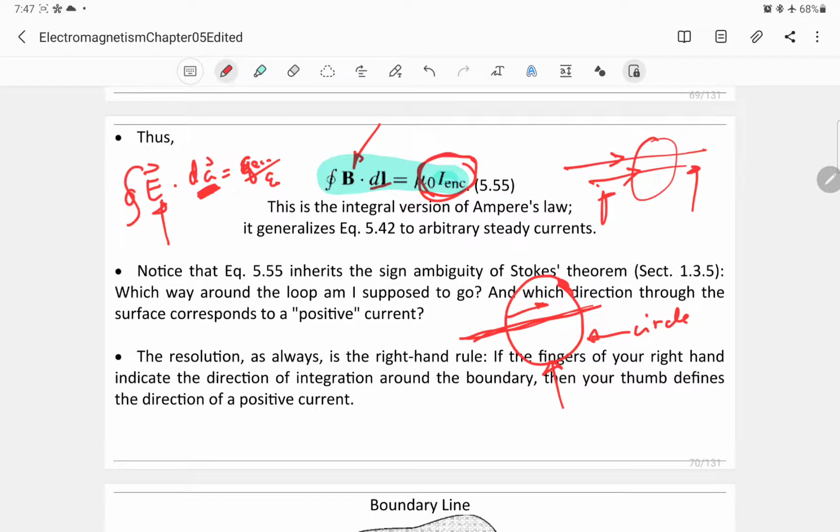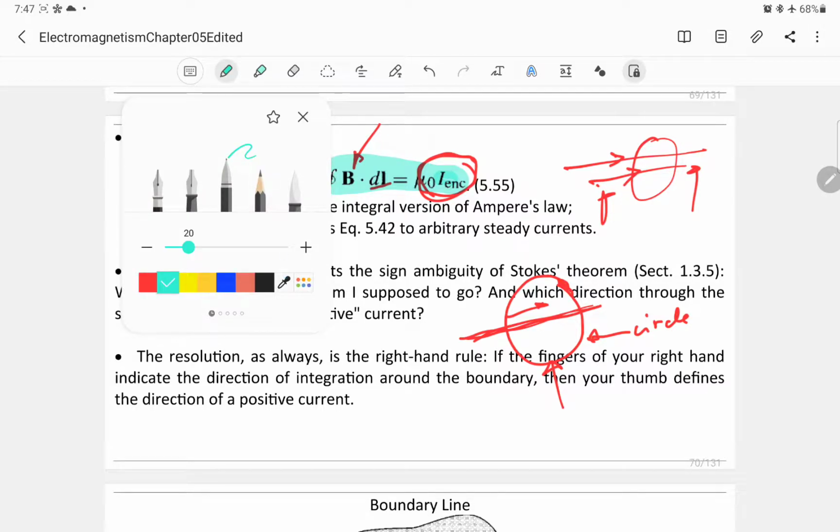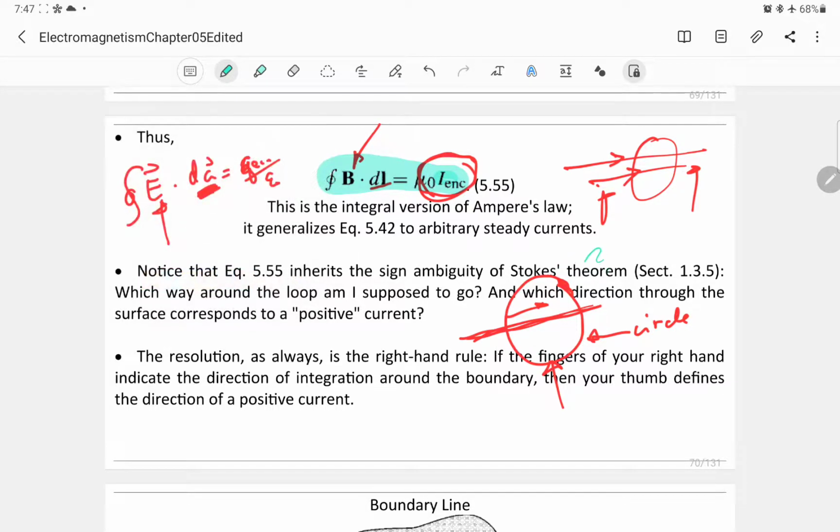Say your current is going there, so your magnetic field will be going here. In the Amperian loop, the magnetic fields are tangent. That's the direction of the magnetic field, but the magnitude is constant in that Amperian loop.